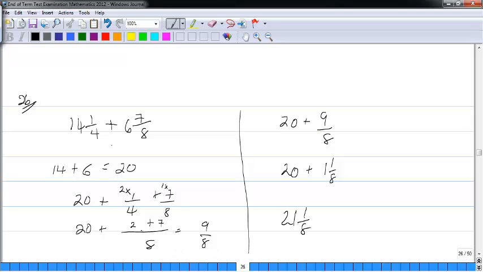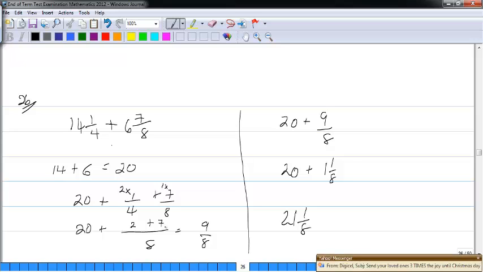I say 4 into 8 goes 2 times. I use that 2 and multiply the numerator 2 ones, and I get 2, plus 8 into 8 1 time. I use that 1 and I multiply the numerator 1 times 7, or 7 ones will give me 7. I add both of those. 2 and 7 would give me 9 over 8.